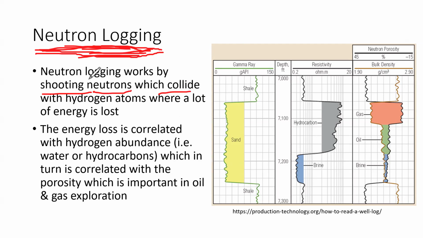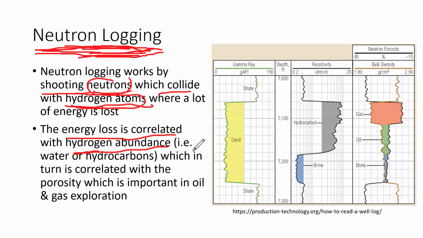Neutrons collide with hydrogen atoms, and neutrons lose a lot of energy whenever they collide with hydrogen atoms. So we can correlate the energy loss with the abundance of hydrogen.